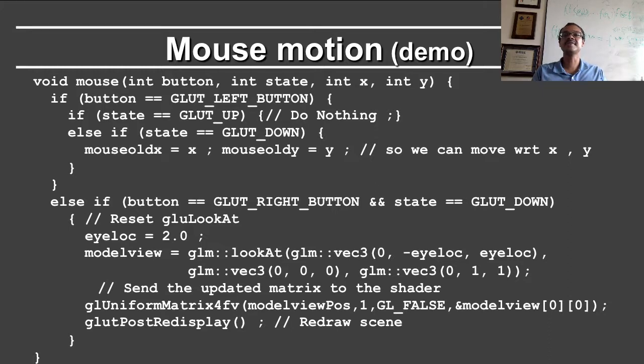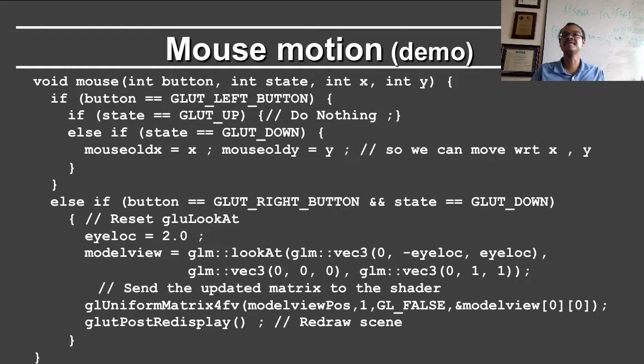Notice again, to reset the lookat position, you first set iloc to its original value of 2. Then you set the model view matrix using the glm lookAt command. So that is the look-from position based on iloc, so 0, -2, 2, where it's looking at, which is the origin, and finally what the up vector is.